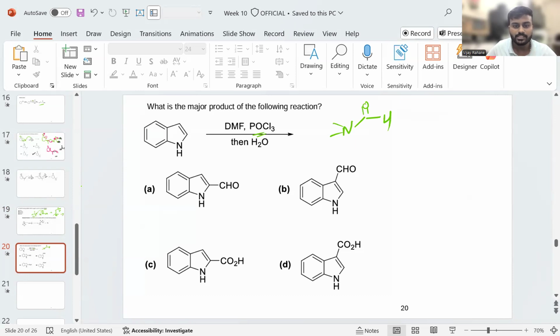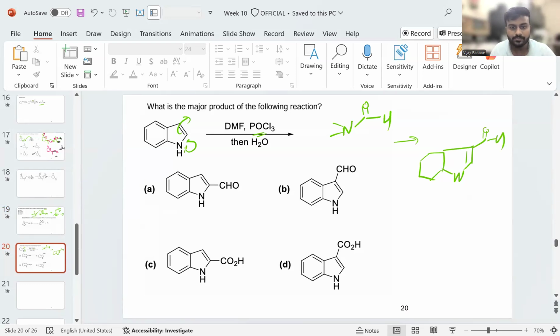So this DMF and POCl3 lead to the formation of the active species. Among these, which position is active? If you look at this one, this bond goes here, and through this position the formylation reaction takes place. I hope you are aware of the formylation reaction.